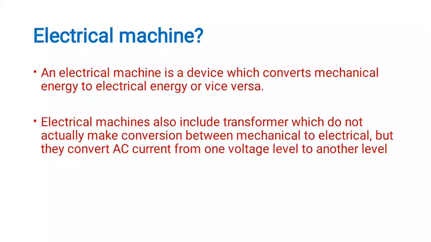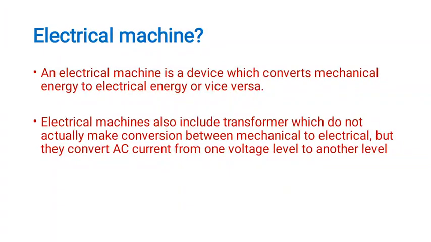Then what is an electrical machine? An electrical machine is a device which converts mechanical energy to electrical energy, or the vice versa, that is, electrical energy to mechanical energy. So when it converts mechanical to electrical energy, then it is called as generator.